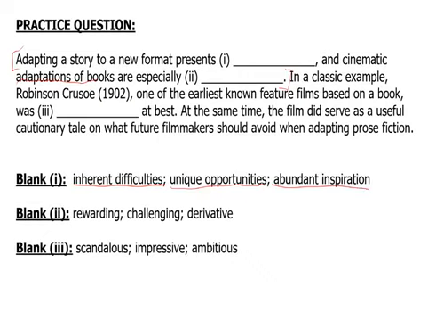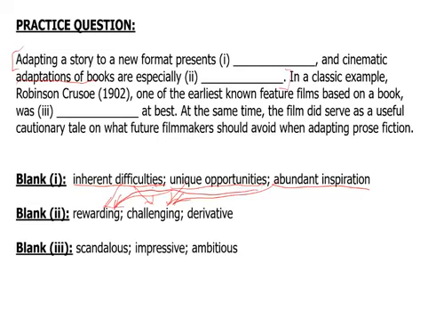You get a slight hint by looking at blank 2 and seeing what could pair with what. But inherent difficulties and unique opportunities can both be rewarding or challenging. So we're seeing some possible pairings there. For that matter, abundant inspiration can also be rewarding or challenging.